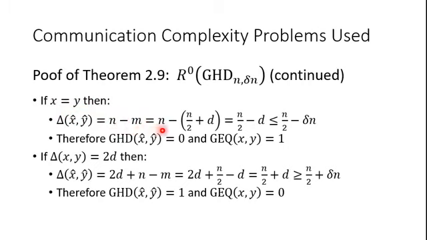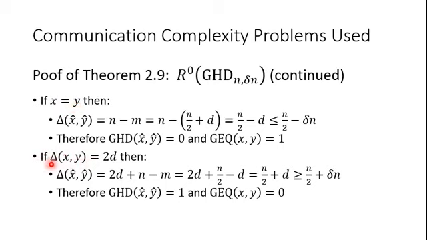And this equals n minus, because of the definition of m, n divided by 2 plus d. And this equals n divided by 2 minus d, which is less or equal to n divided by 2 minus delta n because of the relationship between delta n and d that we defined earlier. So therefore, GHD of x hat and y hat is 0, and GEQ of xy is 1.